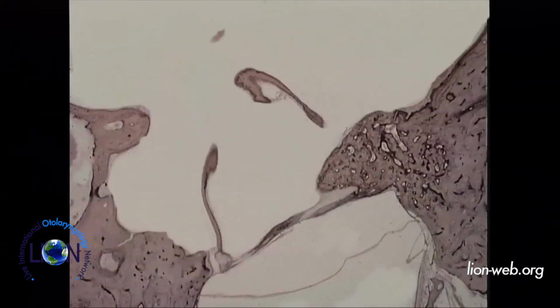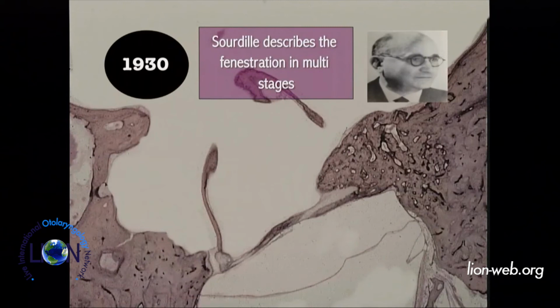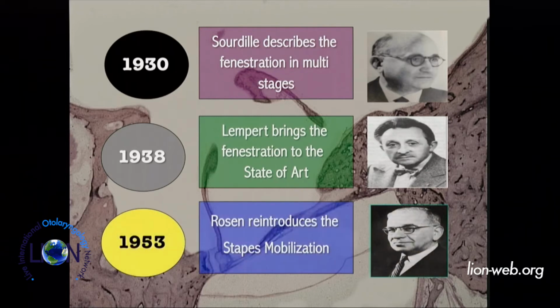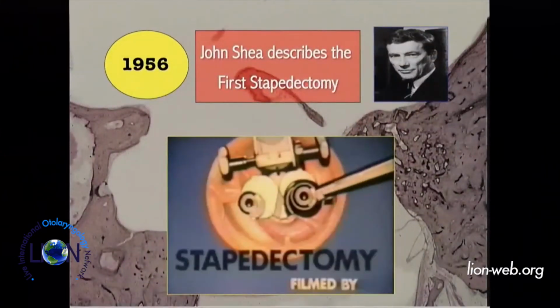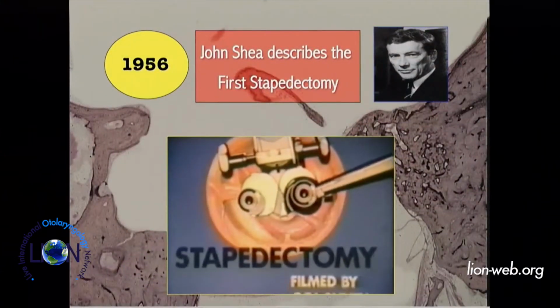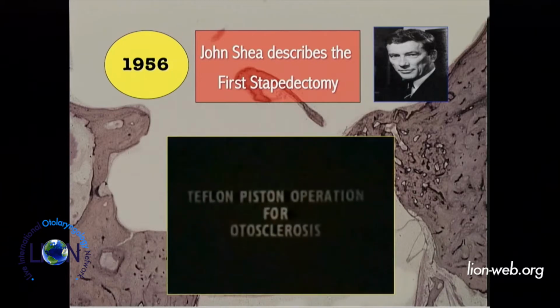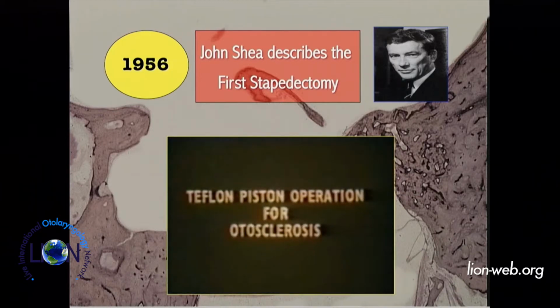In surgery, you have Sourdille's multi-stage fenestration, and then Lempert brought the fenestration to the state of the art. In 53, Rosen reintroduced stapes mobilization, and then in 56, as we said yesterday, John Shea performed the first stapedectomy. Here's one of the first movies made of otosclerosis surgery.